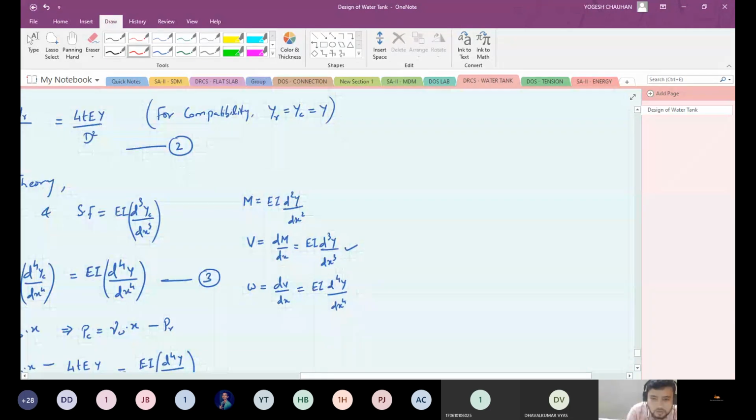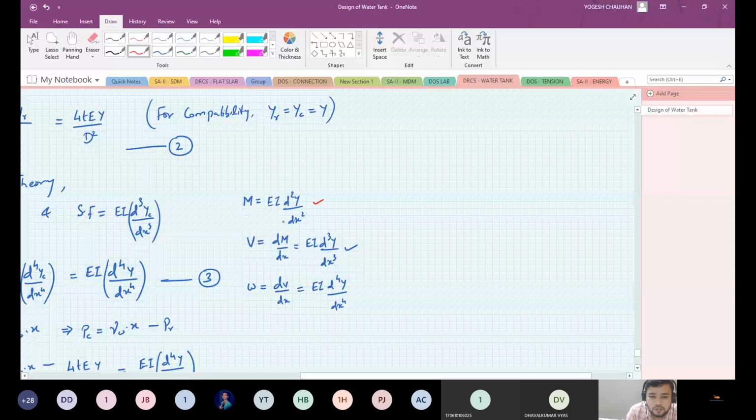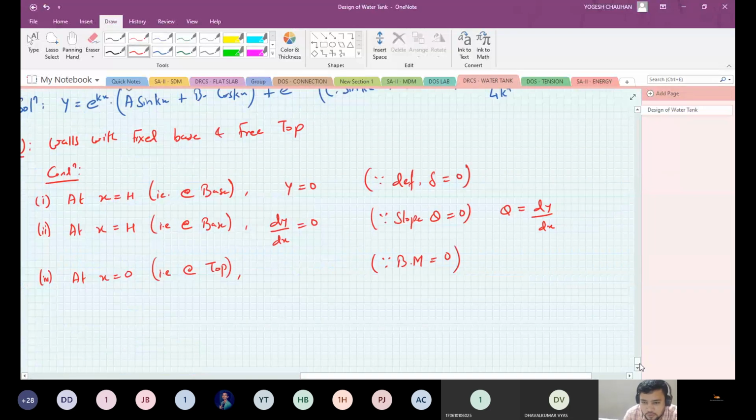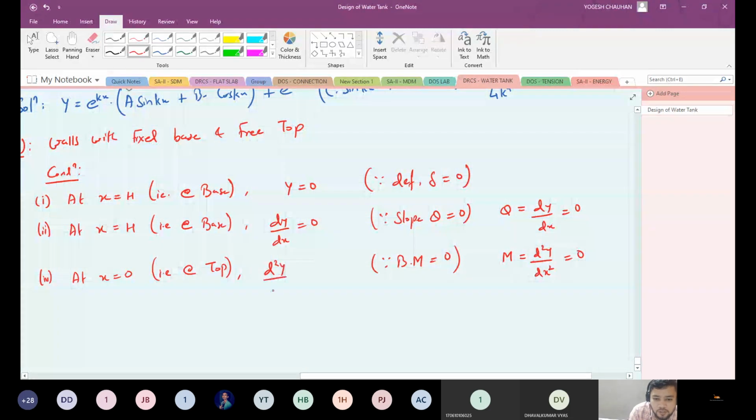Here M is equal to 0, which is nothing but d square y by dx square equal to 0. So we can write here the second derivative of y with respect to x is equal to 0.